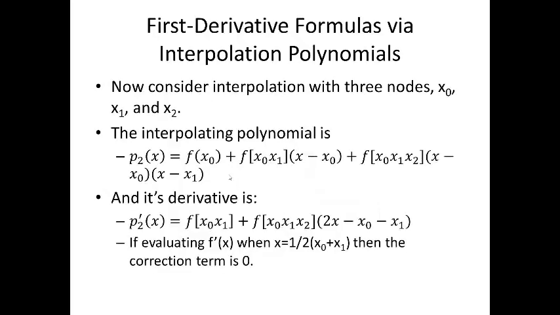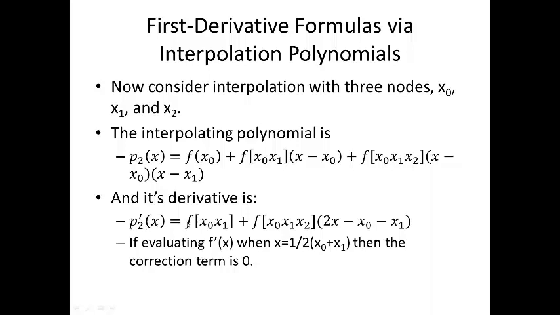Now let's take a look at three nodes, x0, x1, x2. Here we have the interpolating polynomial p2 of x is f of x0 plus the divided difference f[x0, x1] times x minus x0 plus the divided difference f[x0, x1, x2] times x minus x0 times x minus x1, and here is its derivative.